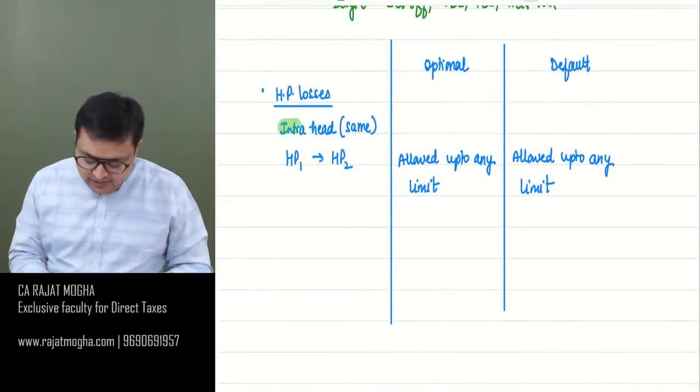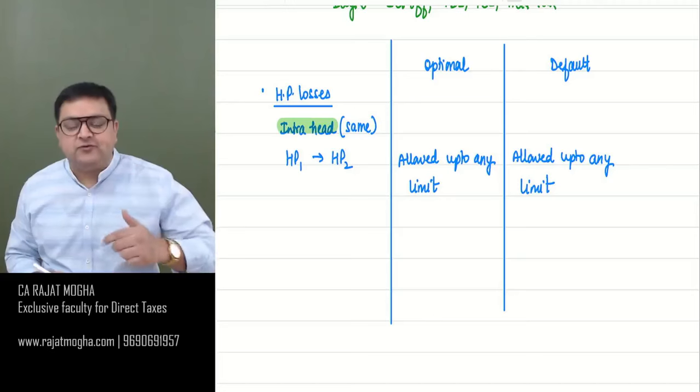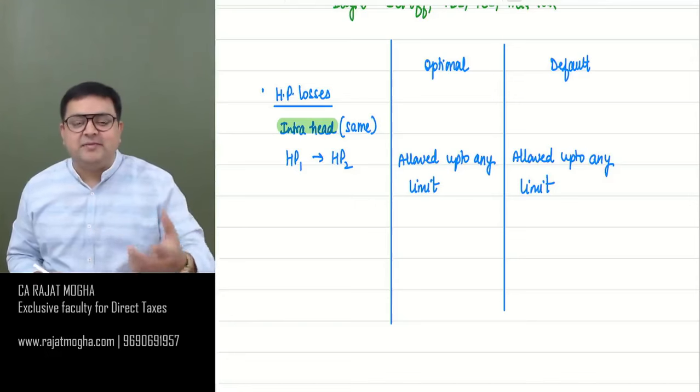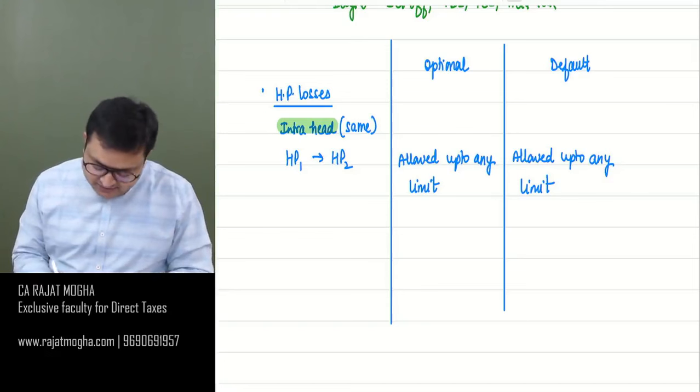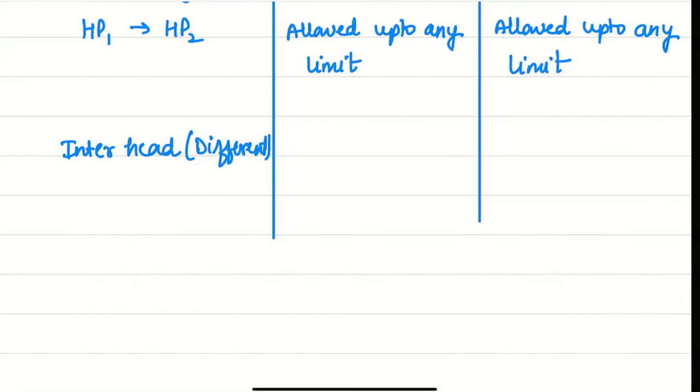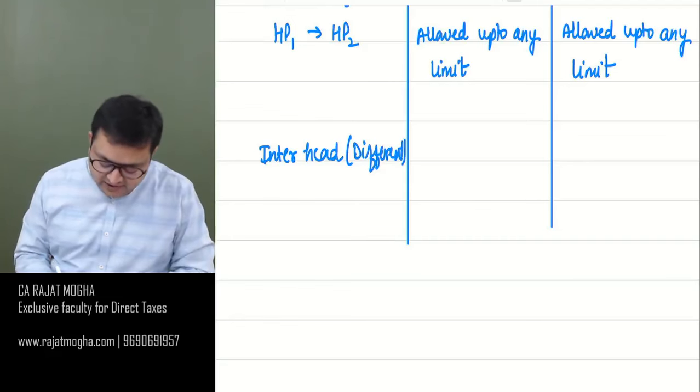However, if it is inter head, there is a house property loss and you would like to set it off from any other head, let's say salary, PGBP, capital gain, etc. If it is inter head, that is different head, it means that there is a loss in house property and you would like to set off from salary or PGBP or capital gain or IFOS.